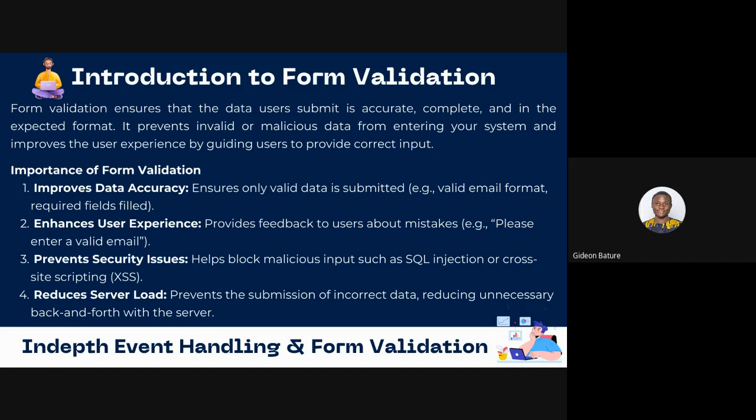Some, you might enter a password and they'll tell you that the password is weak. Some will even go further to tell you that you need at least a capital letter, an uppercase, a lowercase, and a number. Some will even add a symbol. So it means your password must contain a symbol, a number, an uppercase letter, and a lowercase letter. All these are part of form validation. Next, it enhances users' experience.